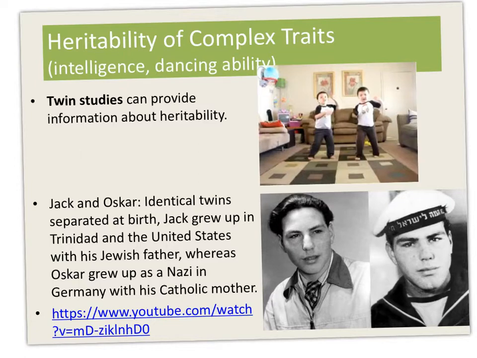Anyway, so twin studies, obviously, identical twins have the same exact genes. The only difference they have will be in, let's say, environments, and usually all the way up through adulthood, they're sharing similar environments.